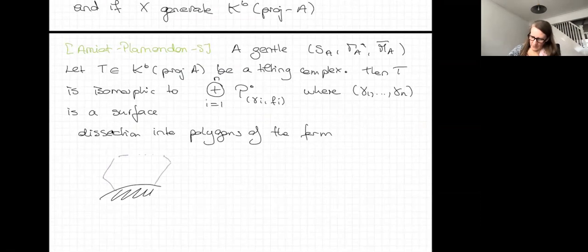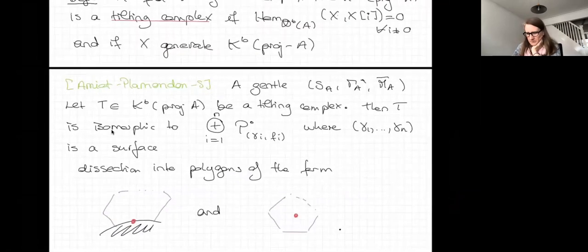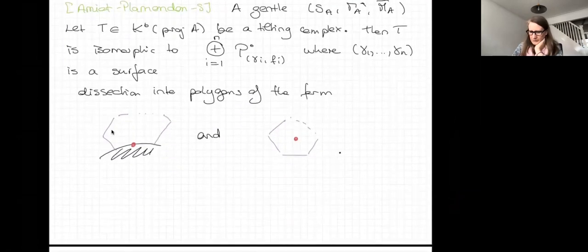And each of these polygons is either of this form, and then it must have a red mark point on the boundary, or it's a polygon that has no boundary component, and then it has a mark point in the interior. So if you remember, these are exactly the ones that we get in Haiden, Katzarkov and Kontsevich to get formal generators.